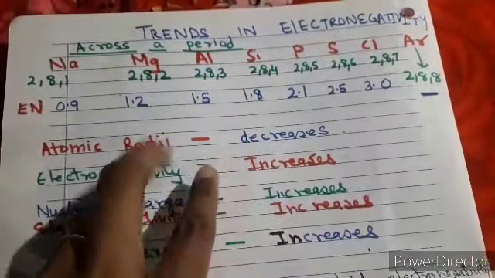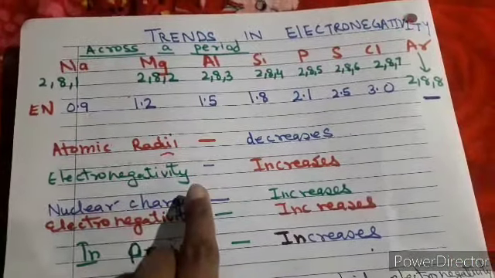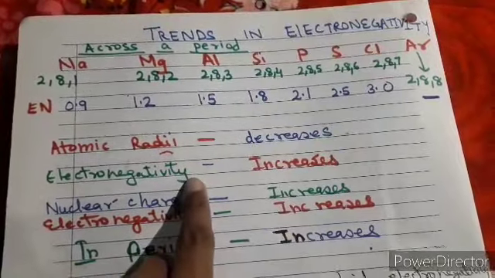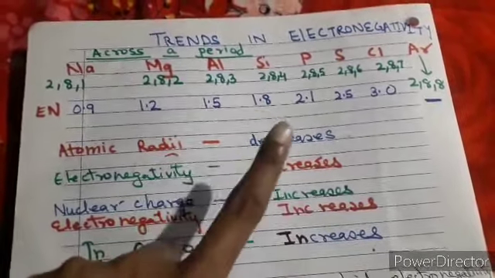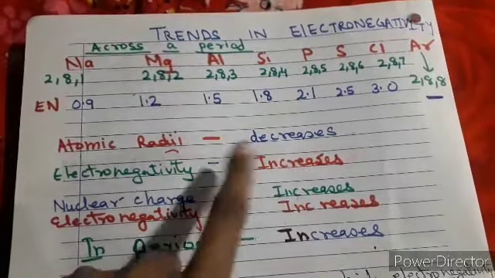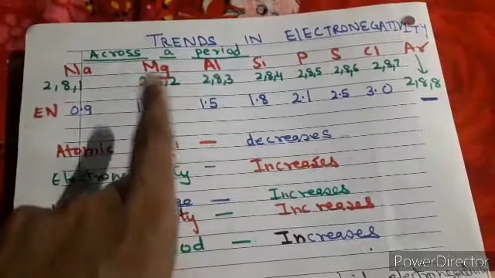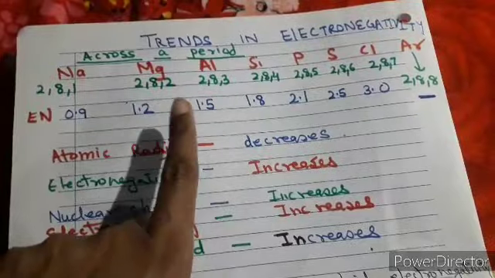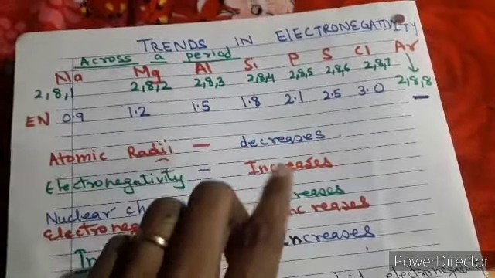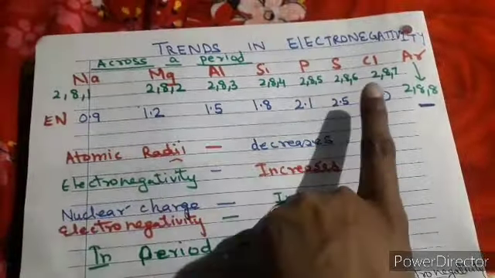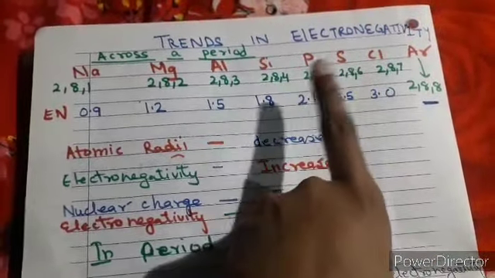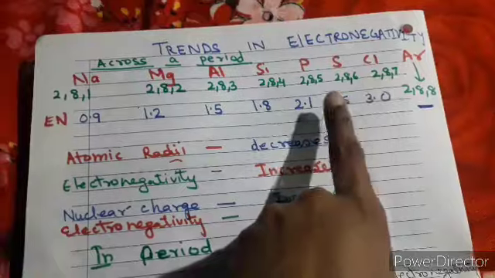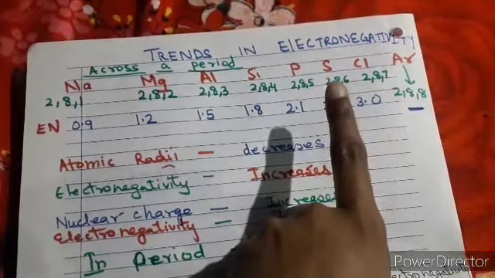Now let's come to our concept: when atomic radius decreases, electronegativity increases. We have already discussed it in the previous factor. Now this must be clear to you, that the atomic radius is small, and every time the nuclear charge was increasing.